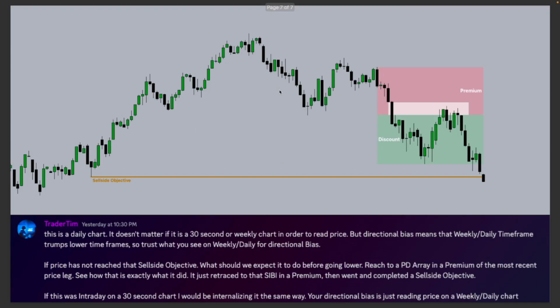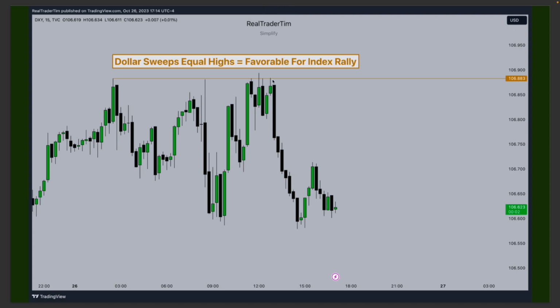Okay, so I wouldn't have wanted to long until Dixie got these equal highs, right? So if you're waiting for some sort of reversal on a large downrange day like today, this is how I would use dollar. I would say, okay, no longs until these clear equal highs are swept on dollar. Does that make sense?